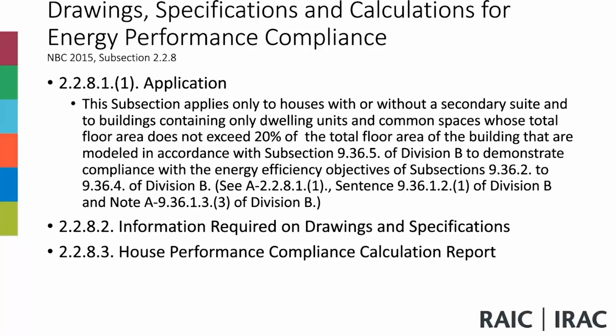Okay, let me ask you, which division of the code addresses those provisions? Is it Division C? Excellent. Yes, in Division C. Where in Division C? Volume 1. Division C is in Volume 1. Administrative provisions, Part 2.